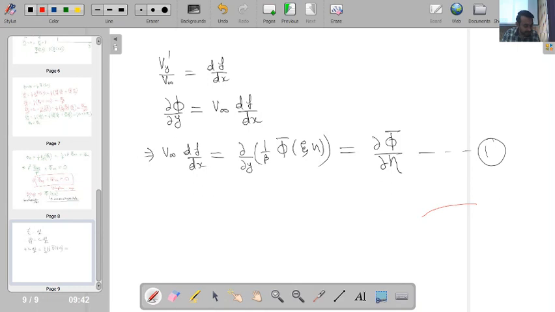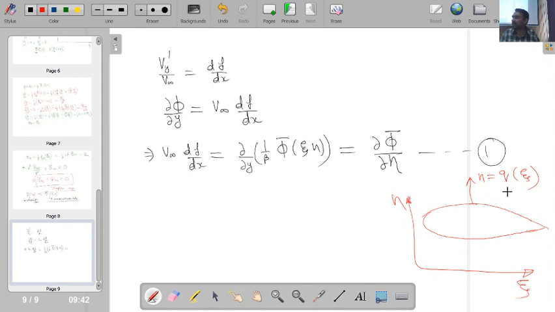Geometrically, if I am in the zeta eta plane, say this curvature is given by the function eta equal to q of zeta. So I have some function eta equal to q of zeta which gives me this profile. If I take any tangent at this point, then in this particular plane my velocity is vy bar.